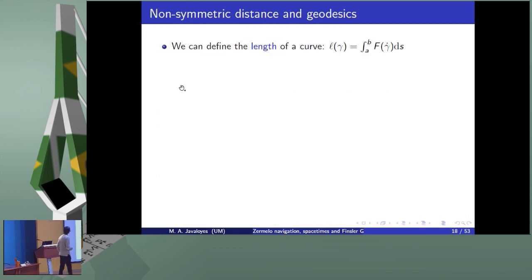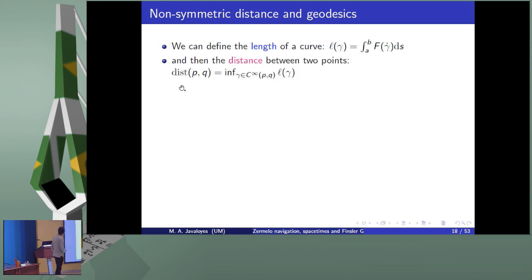Of course, we can define the length of a curve using this formula, the integral of the Finsler metric on the velocity of the curve. We can define the distance between two points as the infimum of the lengths of all the curves between these two points. This distance is not symmetric because, as I said, F on minus v is not equal to F on v.